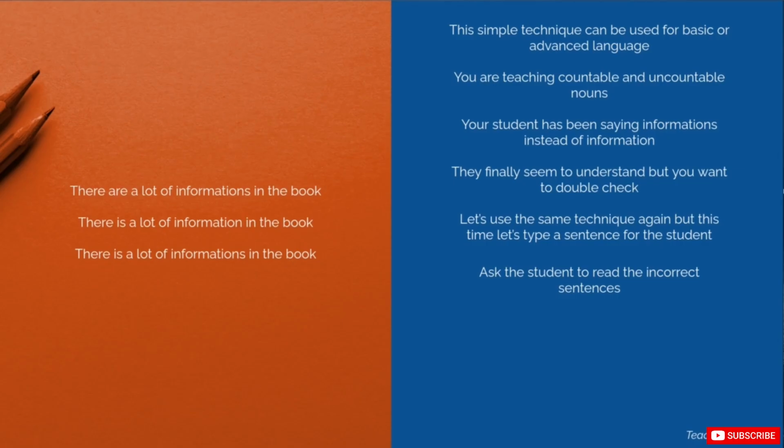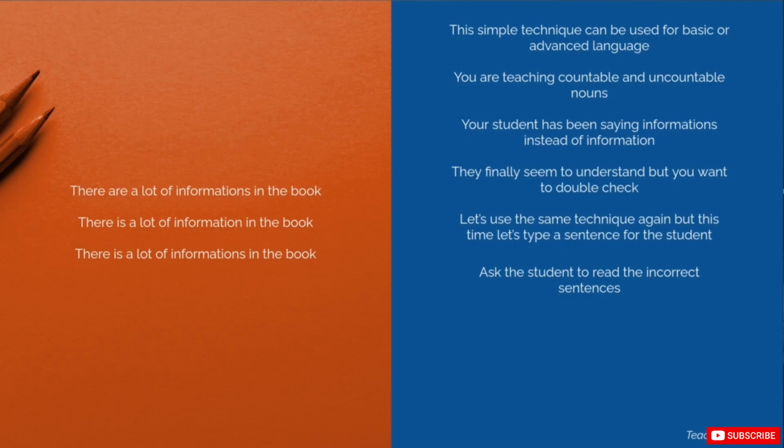So we can ask them, read the first sentence. Now we're going to cover this a little bit later, but remember, we should always keep our instructions simple. So don't say, okay, well, I'm going to ask you to read the sentences now. Could you read the 3 sentences and tell me which ones are right or wrong? That wouldn't be right. Simple instruction. Read the first sentence. And you want your student to read.